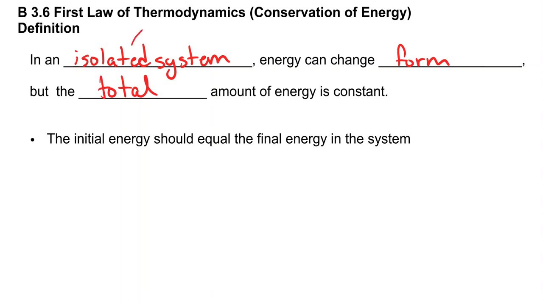Now, what I mean by isolated system is that energy or matter can't escape it. That's just a fancy way of making something really ideal. You rarely ever can get an isolated system. It's just this ideal thing to make sure that everything works out perfectly in the end. That's the way you want to think about it.